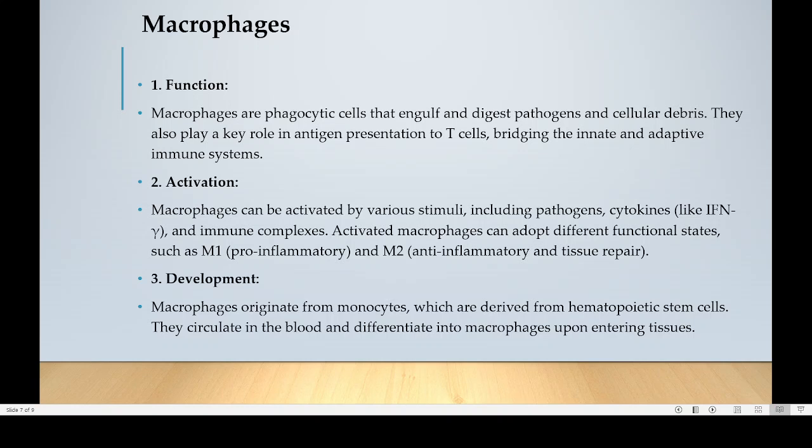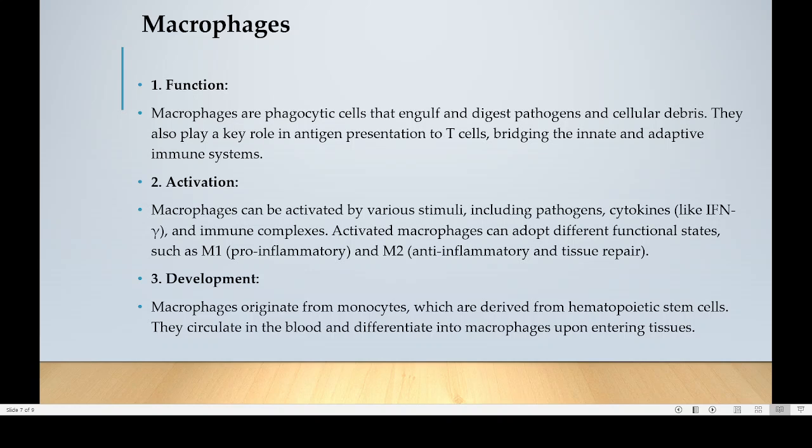Now coming to the development, they originate from monocytes. So you know what monocytes are. Monocyte is one type of WBC. They develop from monocytes, which are derived from the hematopoietic stem cells in the bone marrow. They circulate in the blood and differentiate into macrophages upon entering the tissues. So to some extent macrophages are actually developing from monocytes.